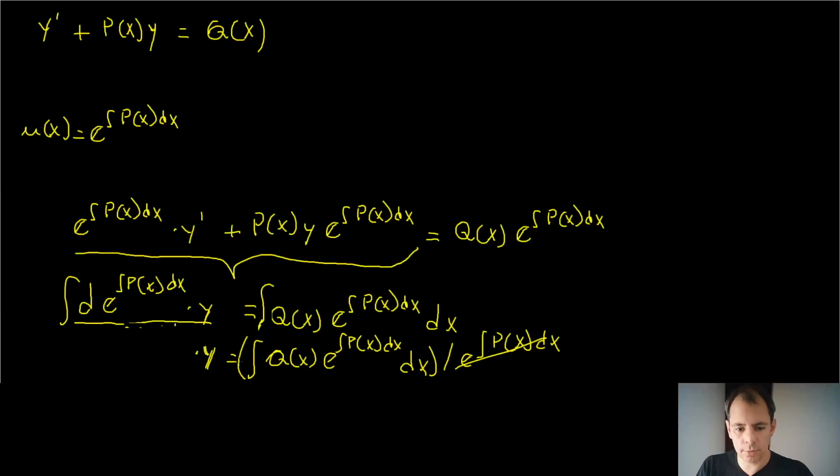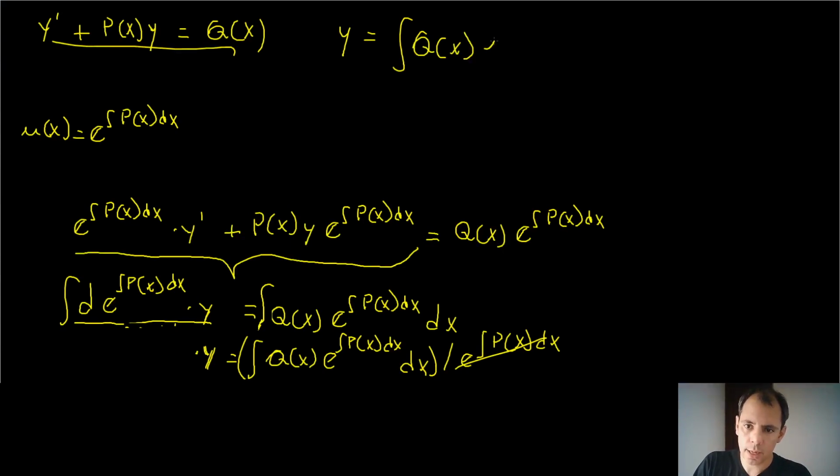So you have y equals the integral of q of x times e to the integral of px dx. Okay, and then you have dx. You integrate this part, and after it's integrated, you divide it by e to the integral of px dx. This thing is the formula, okay? If you're going to consider e to the integral of px dx equal to u of x, you say that y is equal to the integral of q of x times u of x dx.